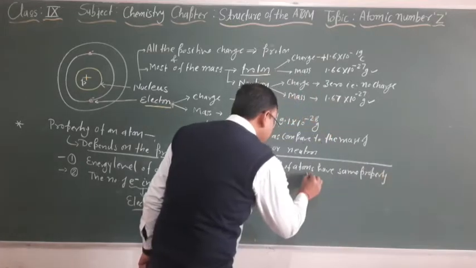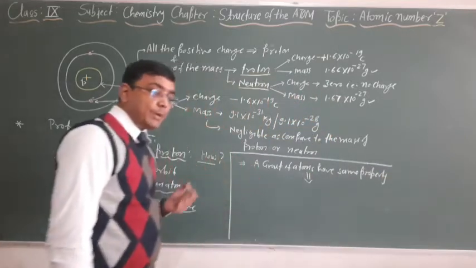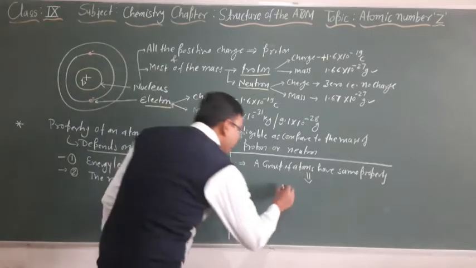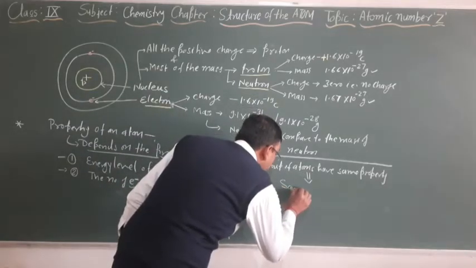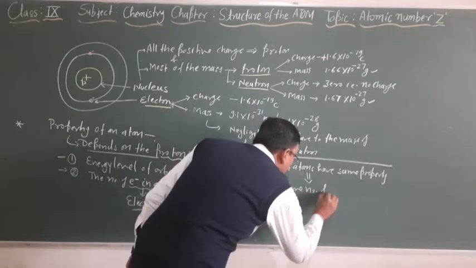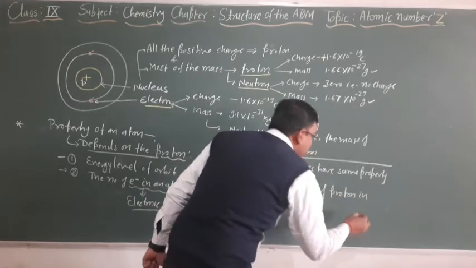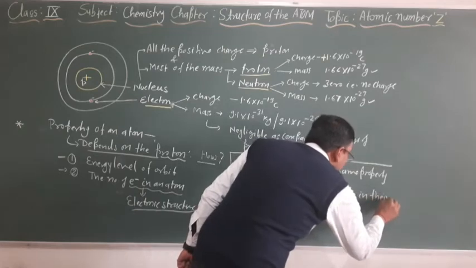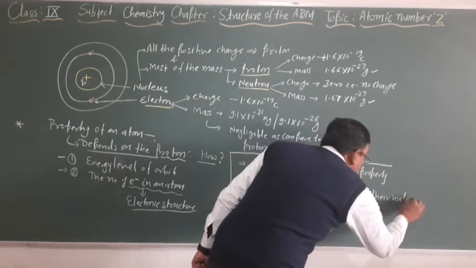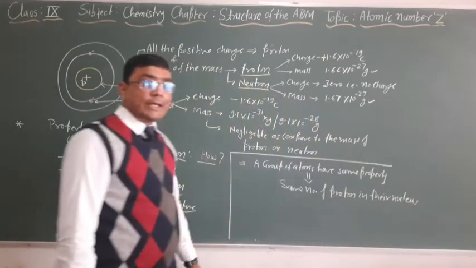What does that mean? A group of atoms having the same property means they have the same number of protons in their nucleus. Is it clear? Do you agree with me?